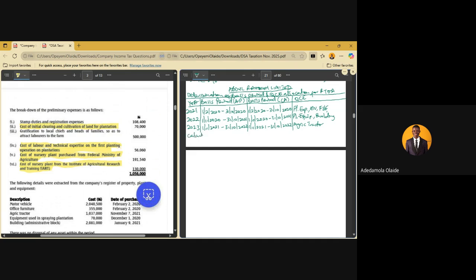Calculation of cost of plantation expenditure.